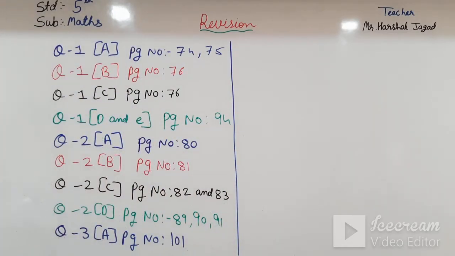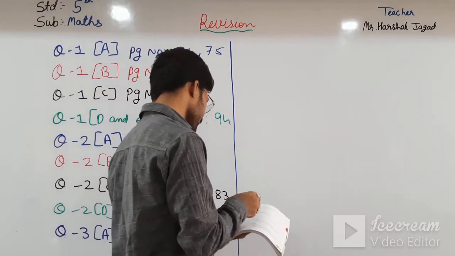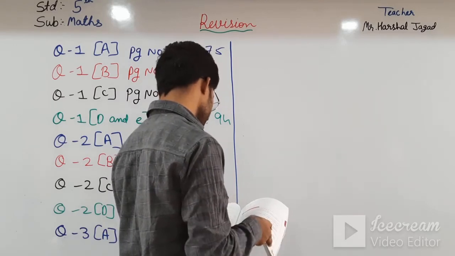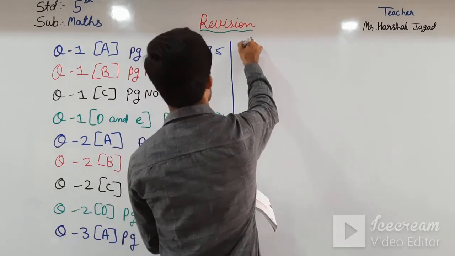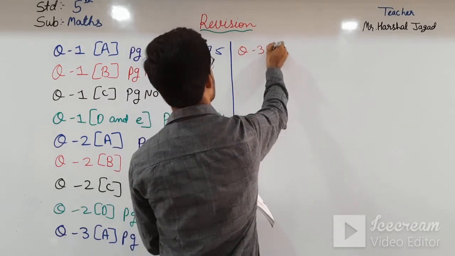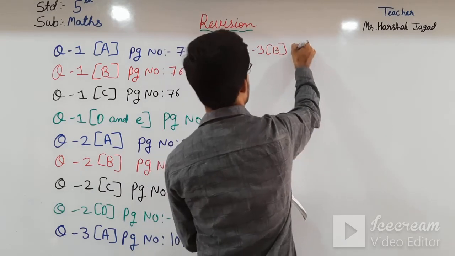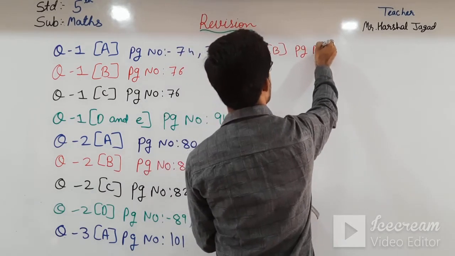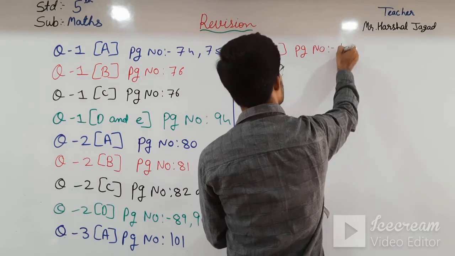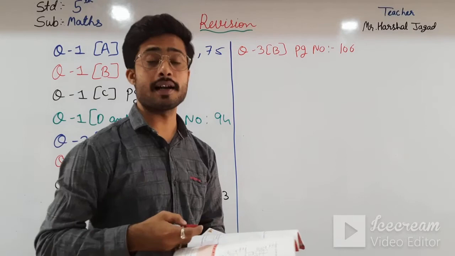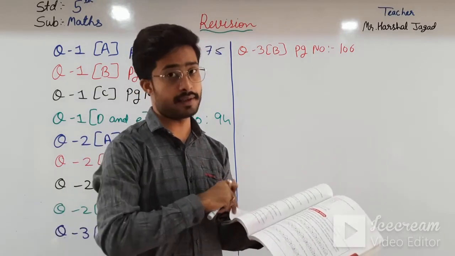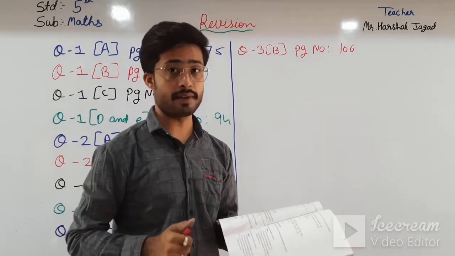Okay, so now going towards question 3b, that can be asked from page number 106, exercise 5.3, and I can also ask that from the examples. Okay students, I can also ask from the examples, don't forget that.